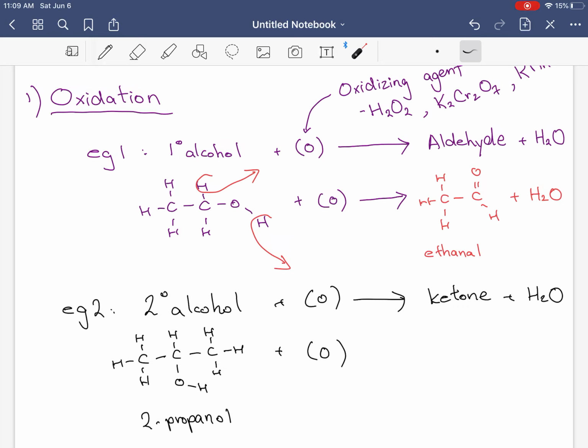Now, by means of oxidation, we're not adding oxygen to this, but instead we're taking away hydrogen. Taking away hydrogen is also a way of oxidizing, if you remember from back in chapter 9. Which hydrogen are we going to take away? Pretty obvious. We're going to take away this hydrogen and this hydrogen.